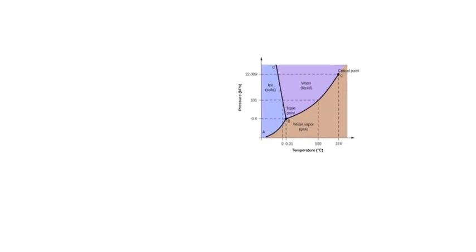Now we will look into the curves on this particular system. We will start with curve BC. Curve BC has vapor on one side, this is the vapor side, and liquid on the other side. So on the curve, water will be in equilibrium with vapor.